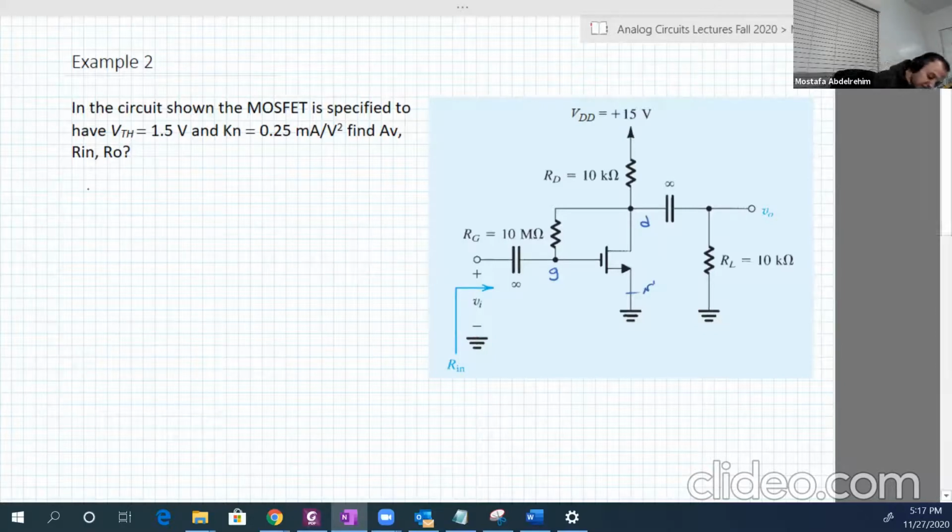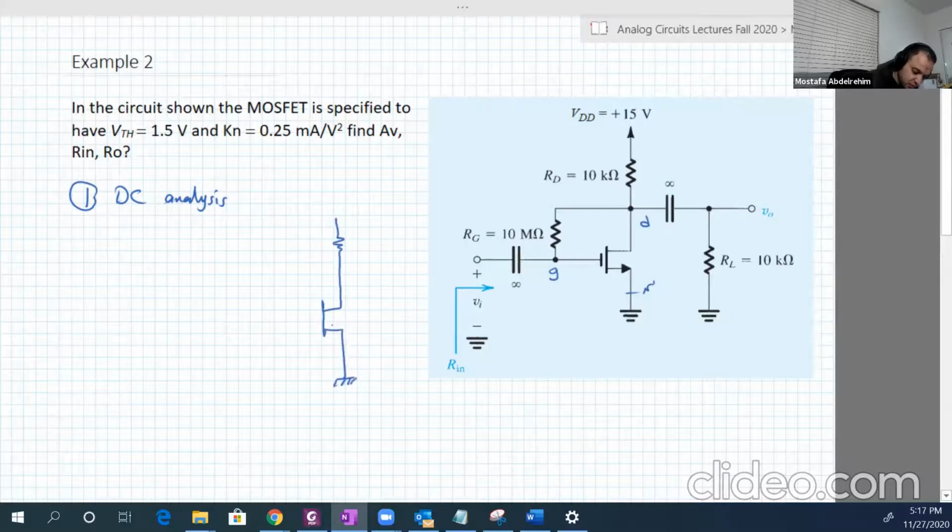Again, we're going to start with the DC analysis. In the DC analysis, we're going to remove all the AC sources and the capacitors. So we're going to end up with this circuit here.